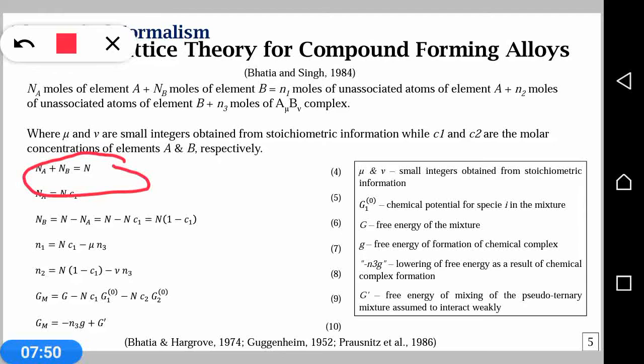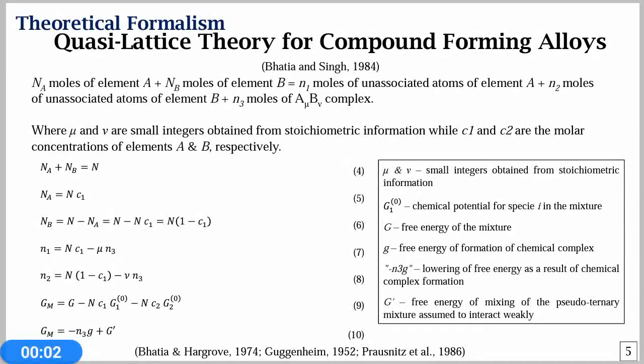Then mathematically, Na plus Nb equal to N. That is the law of conservation of matter. C1 is the molar concentration of element A, while C2, which is as good as 1 minus C1, is the molar concentration of element B. Equations 7 and 8 were obtained from the law of conservation of matter, while equations 9 and 10 give expressions for Gibbs free energy of mixing, which is shortened as GM.